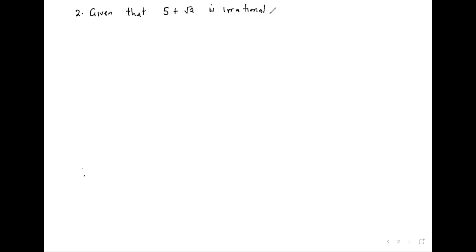So the question should read like this: prove that 5 plus root 2 is irrational, given that root 2 is irrational.